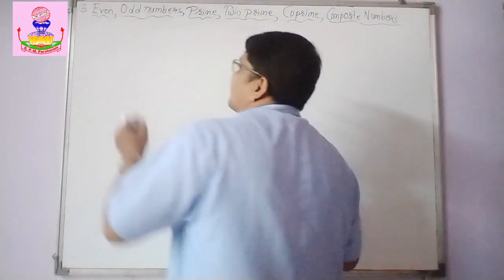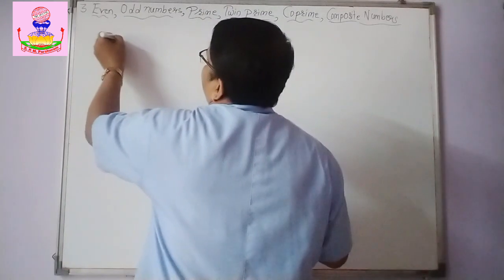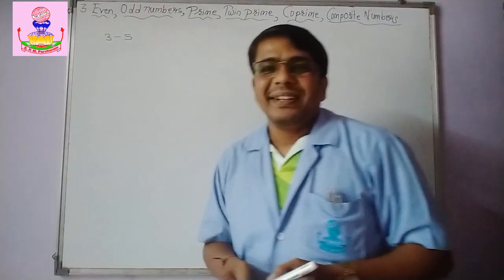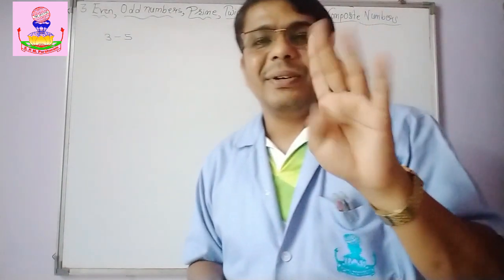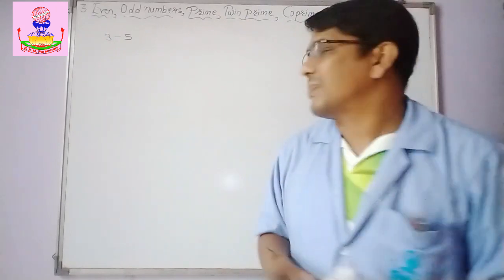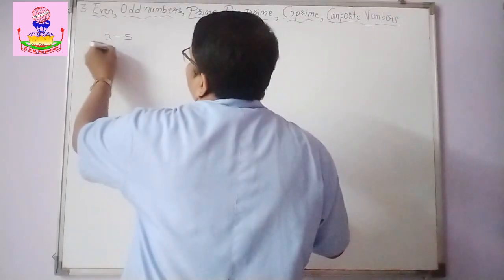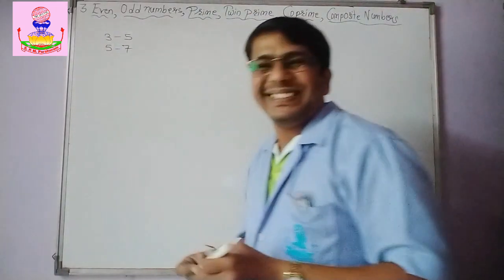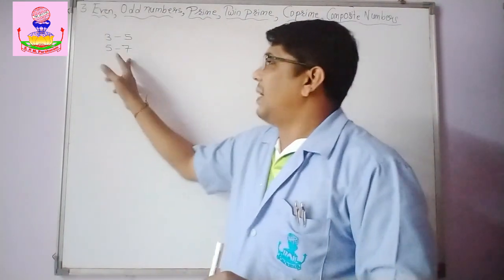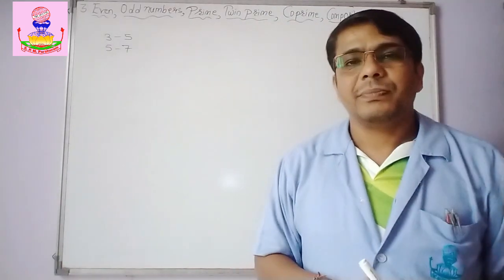For example, 3 and 5. 4 is the composite number between 3 and 5. So this is the first pair. 5 and 7. 6 is the composite number, right? So 5 and 7, second pair.